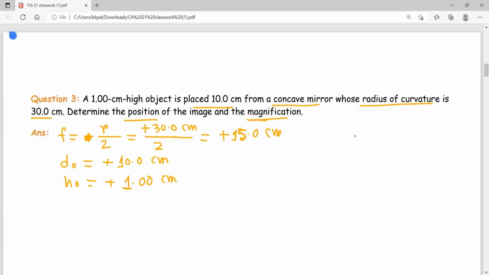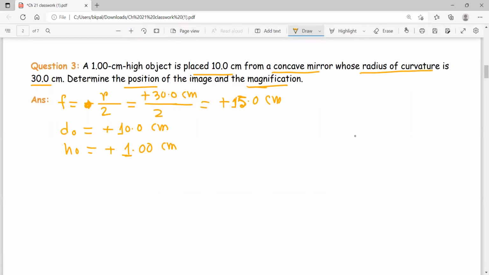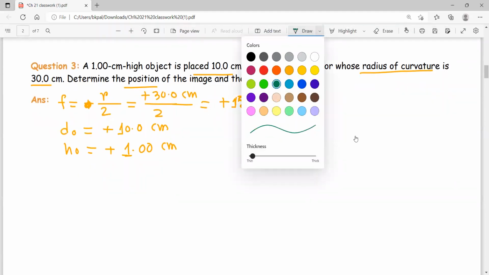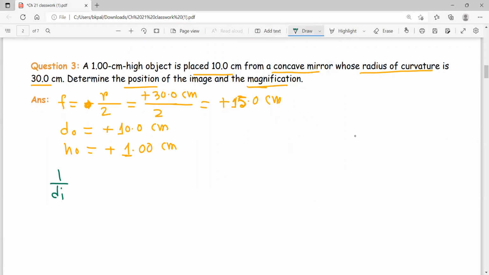So we have to calculate M and the position DI. Again, the equation is 1 over DI plus 1 over DO equals 1 over F. So we have to calculate DI basically. Let's first solve it for 1 over DI.